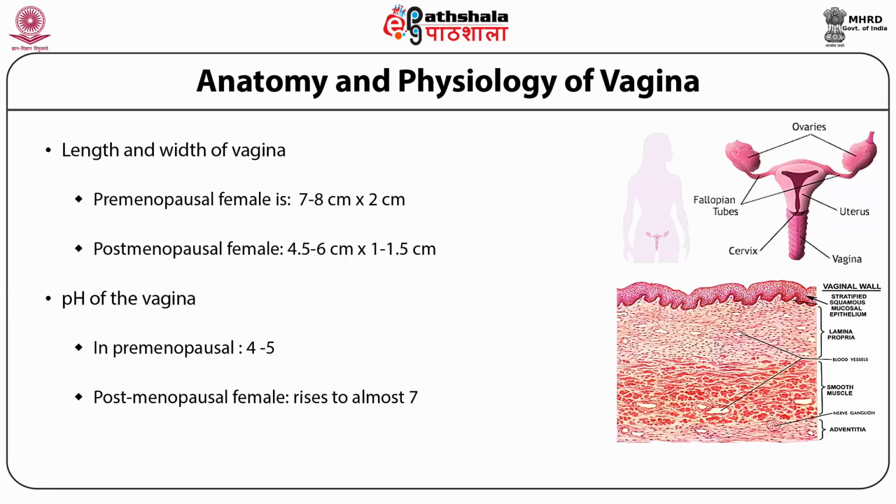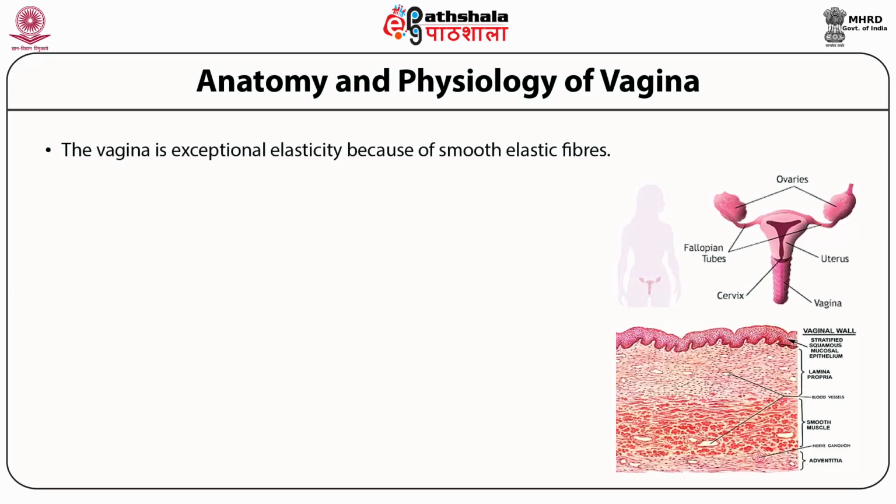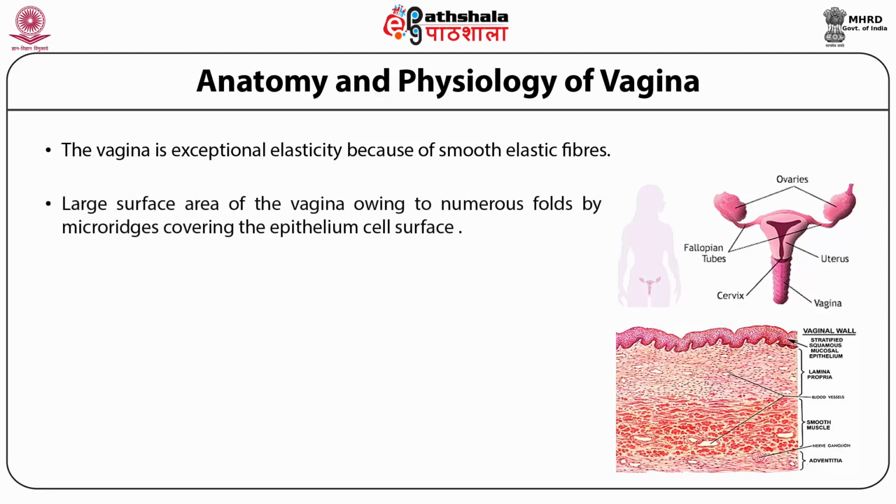The use of mucoadhesive drug delivery systems for successful delivery onto this organ depends upon the understanding of the anatomy as well as the physiology offered by this gender-specific organ. The vagina is exceptionally elastic because of the smooth elastic fibers. It has a large surface area, owing to the numerous folds by microridges covering the epithelium cell surface.